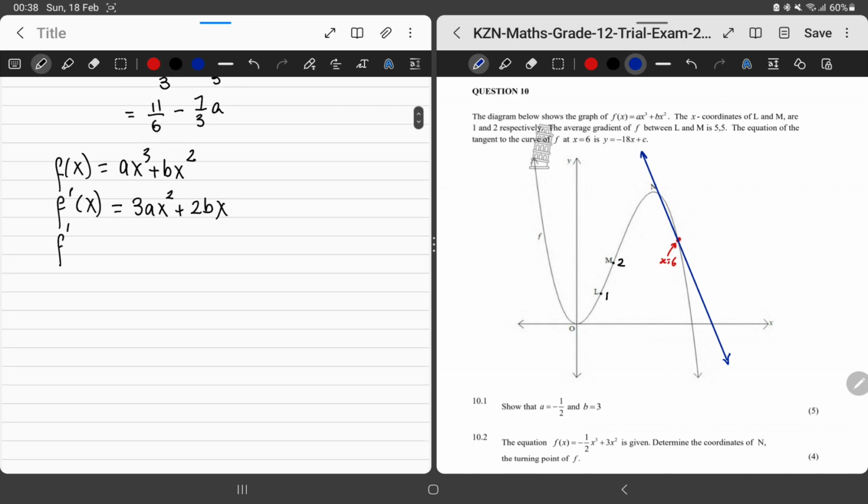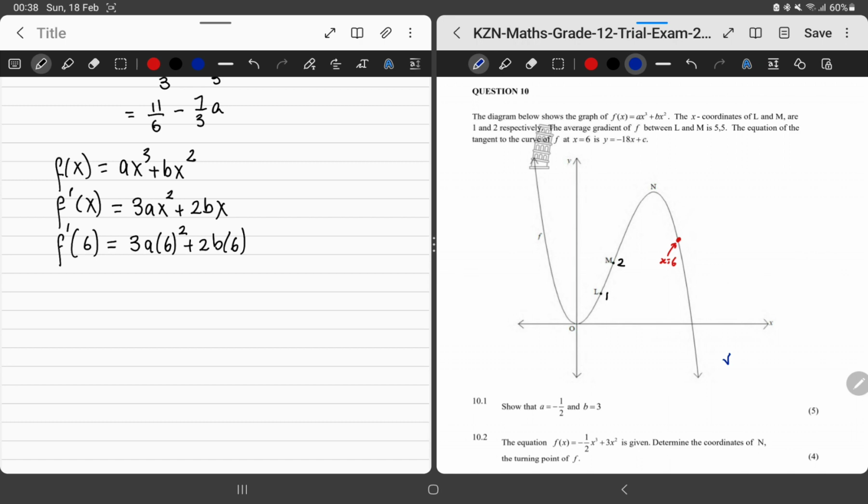Now I want to know this at x equals 6, right? Which should be equal to 3a into 6 squared plus 2b into 6. And the gradient there should be equal to negative 18, because this gives me the equation of a straight line, where this represents what? The gradient.